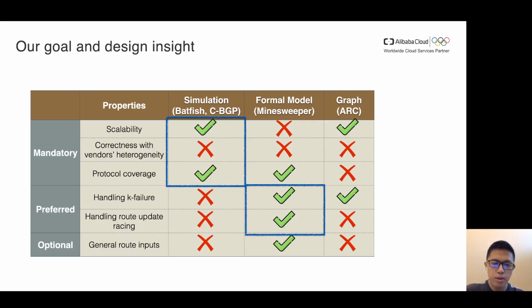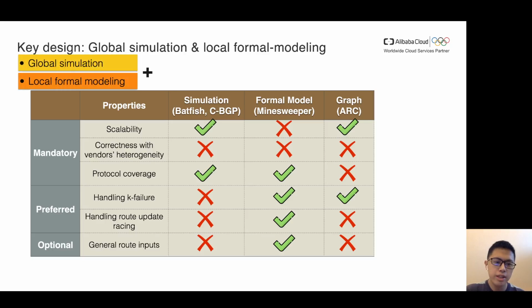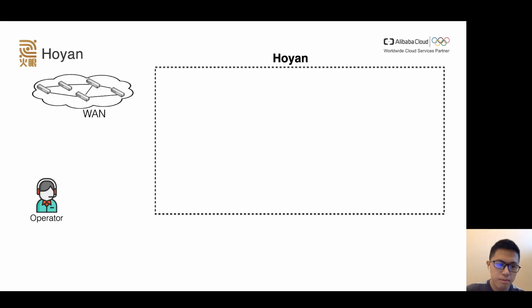On the other hand, we notice formal model solutions like Minesweeper can handle preferred properties well, but are not scalable to our large network. Therefore, Huoyan is designed as a global simulation and local formal modeling verification system. Huoyan is primarily a global simulation-based verifier for mandatory properties, and also a local formal model verifier for preferred properties.